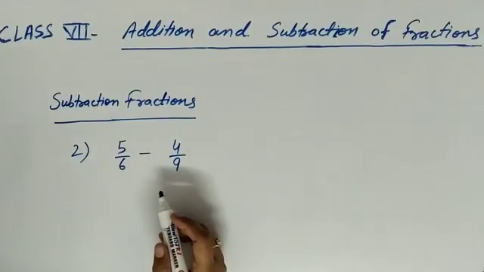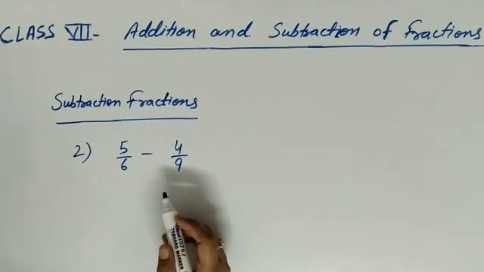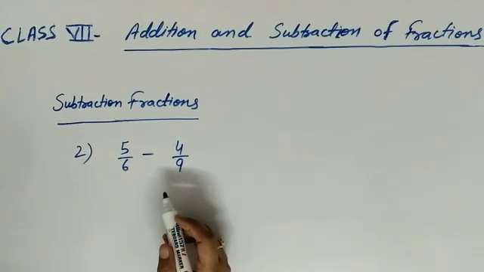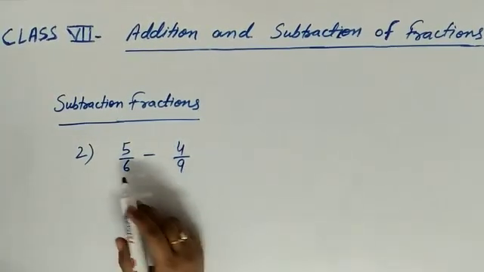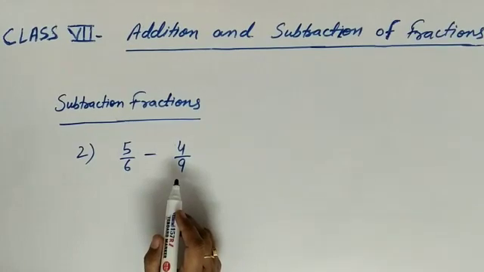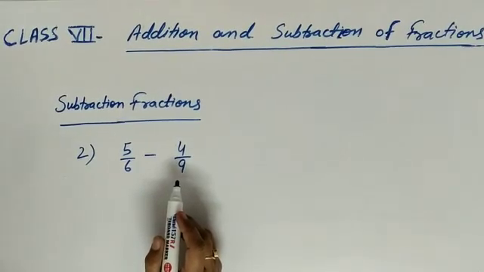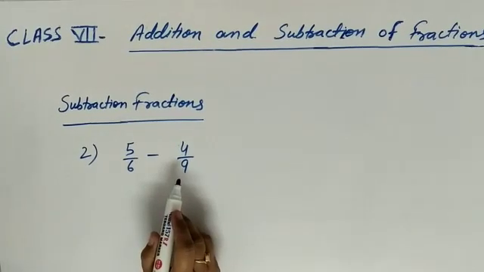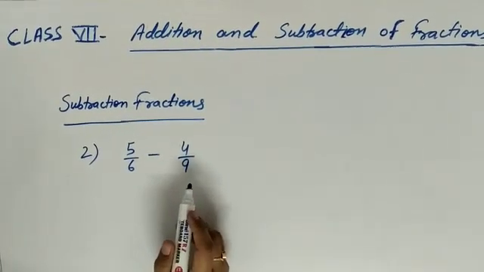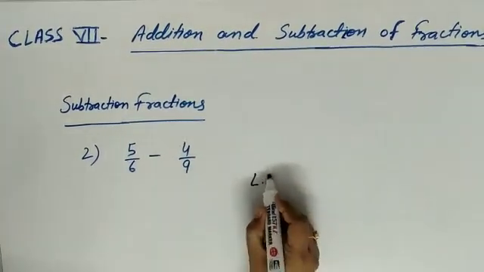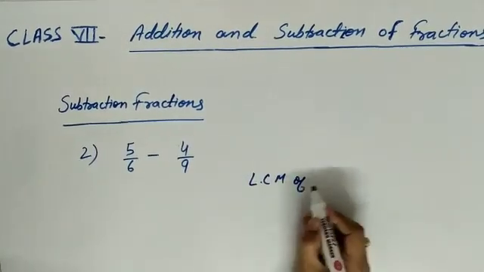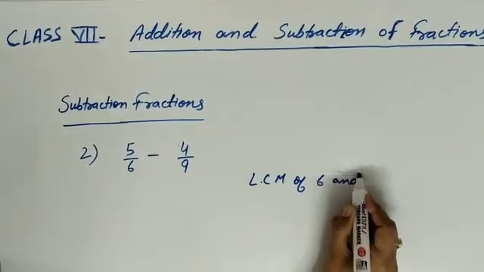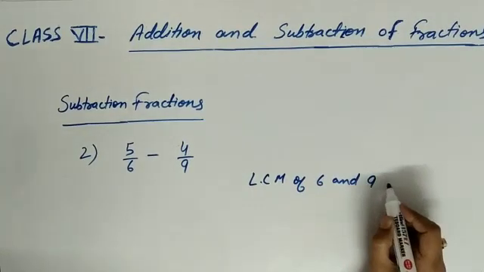Now see the case of subtraction. In the fractions, again we have different denominators, and the rule is the same: we have to take the LCM and make the denominators the same to do the operation. So the LCM of 6 and 9 will be 18.